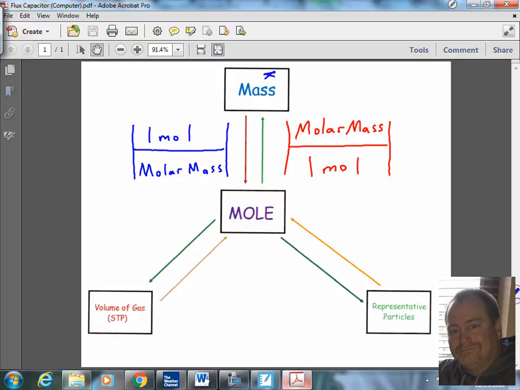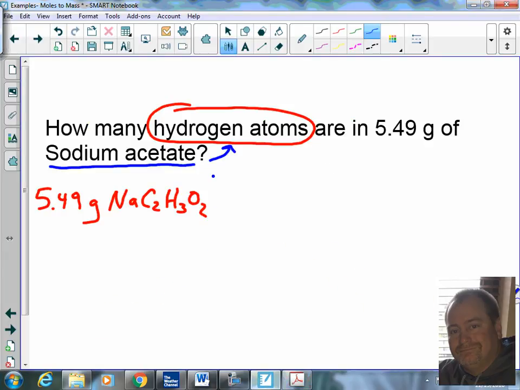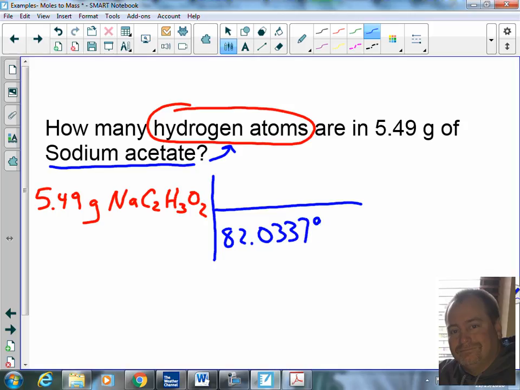The very first thing I need to do is follow this way to moles. Alright? So as I do that, I use my molar mass that Chris just gave me, which was 82.03379 grams of sodium acetate.